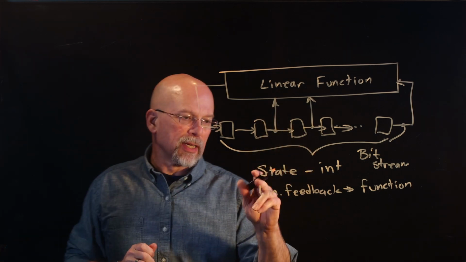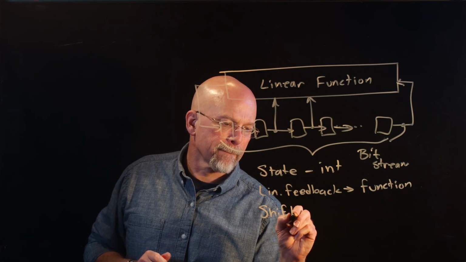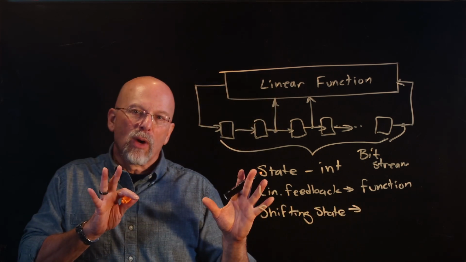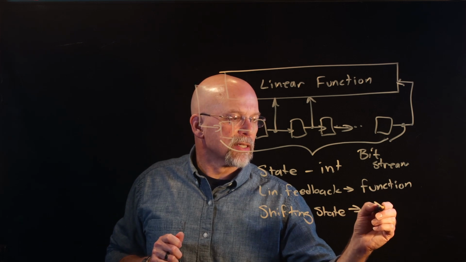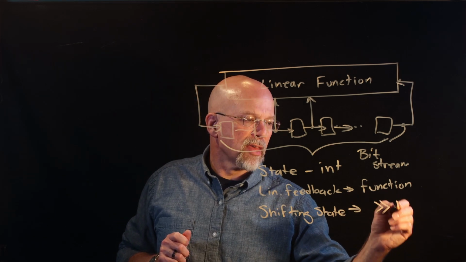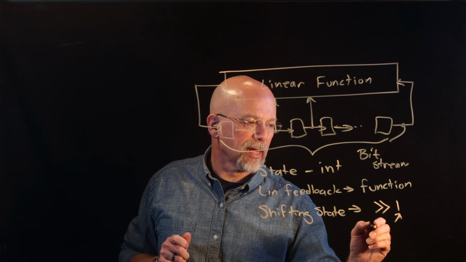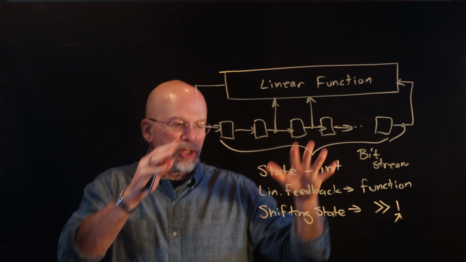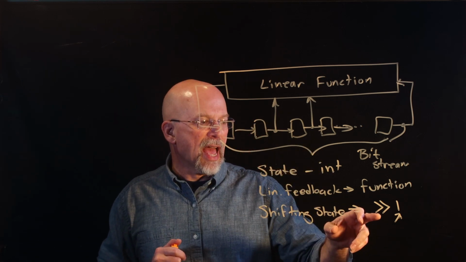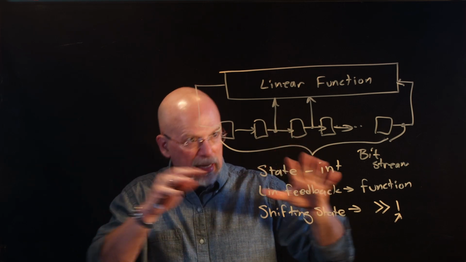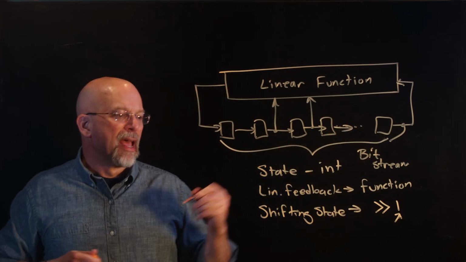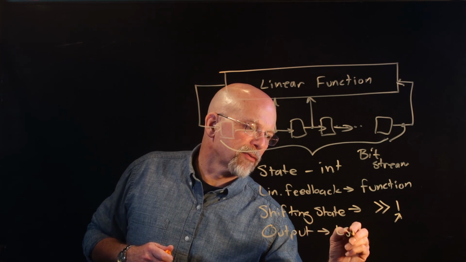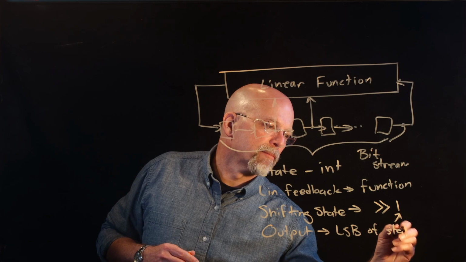When it comes to shifting the state, we're going to do that with a bitwise operation that is two greater-than symbols, and then the number right here identifies the number of positions that we're shifting. So every time we do a shift, all we're going to do is take our state and perform this operation on it. It'll shift it one bit at a time. And then the output is just going to be the least significant bit of the state.